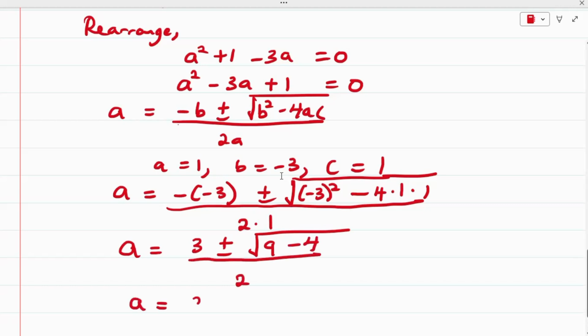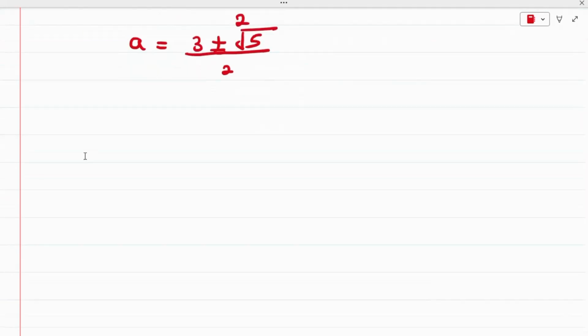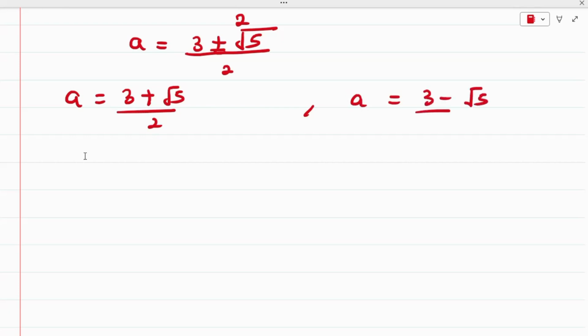So a is equal to 3 plus or minus the square root of 9 minus 4 is 5 over what? 2. So from here we have that a is equal to 3 plus the root of 5 over 2, and a is equal to 3 minus the root of 5 over 2.